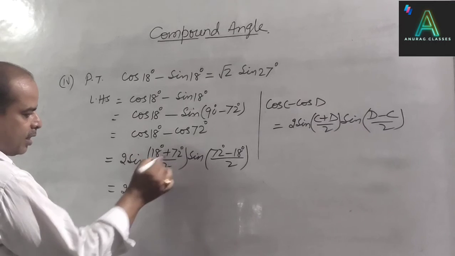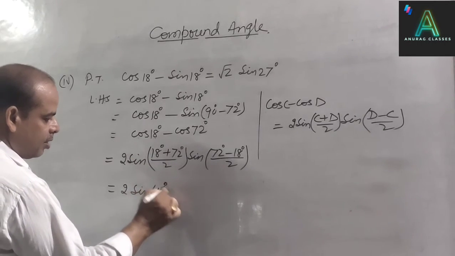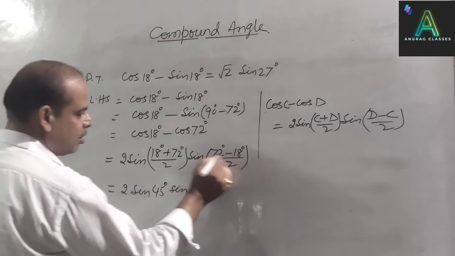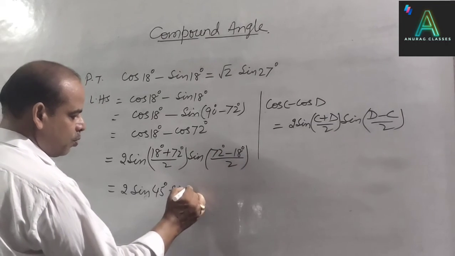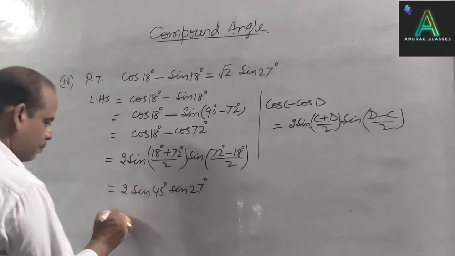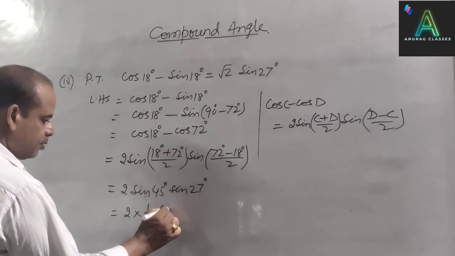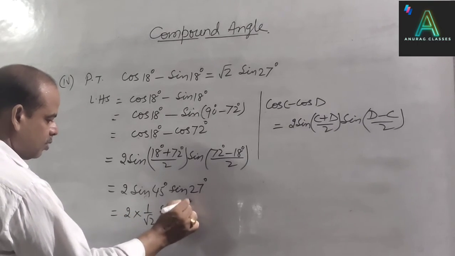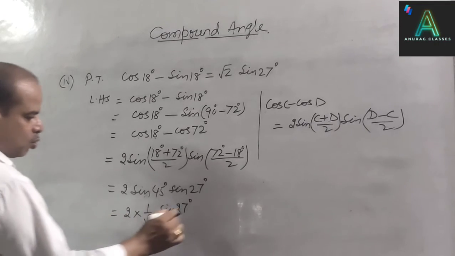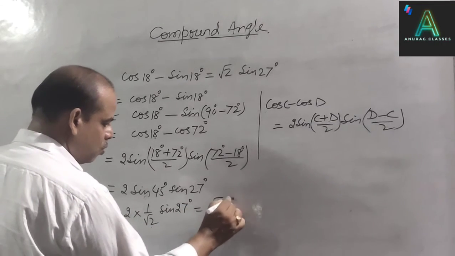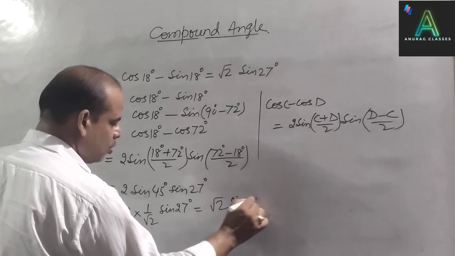Very easily, it is 90 by 2, so 45 degree, and this is 54 degree by 2, so 27 degree. Now sine 45 is 1 by root 2, so root 2 cancels this 2, and the result will be root 2 sine 27 degree.